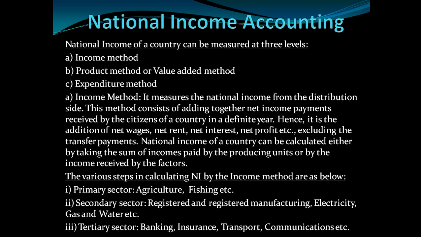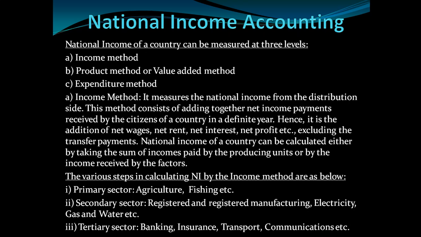The national income of a country can be calculated either by taking the sum of incomes paid by the producing units or by the income received by the factors. The various steps in calculating national income by the income method are as follows.